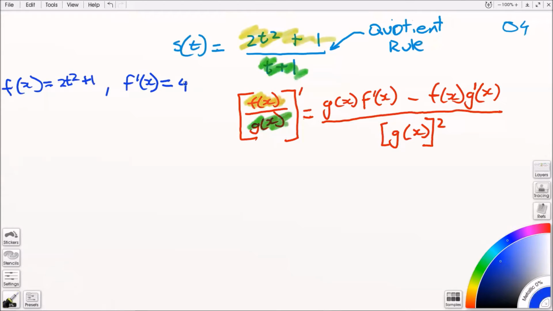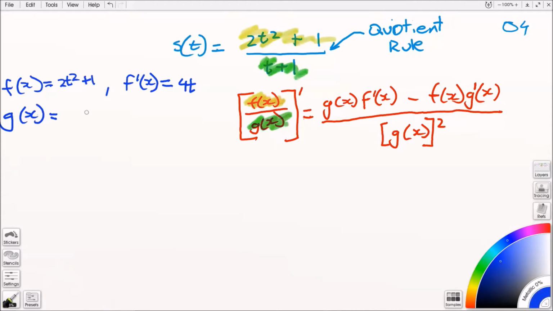This is just the power rule. 4t, and then we subtract 1 from the power, so we've got a t to the 1 there, but we don't have to write it, and then the constant at the end we can just leave out, since it disappears.